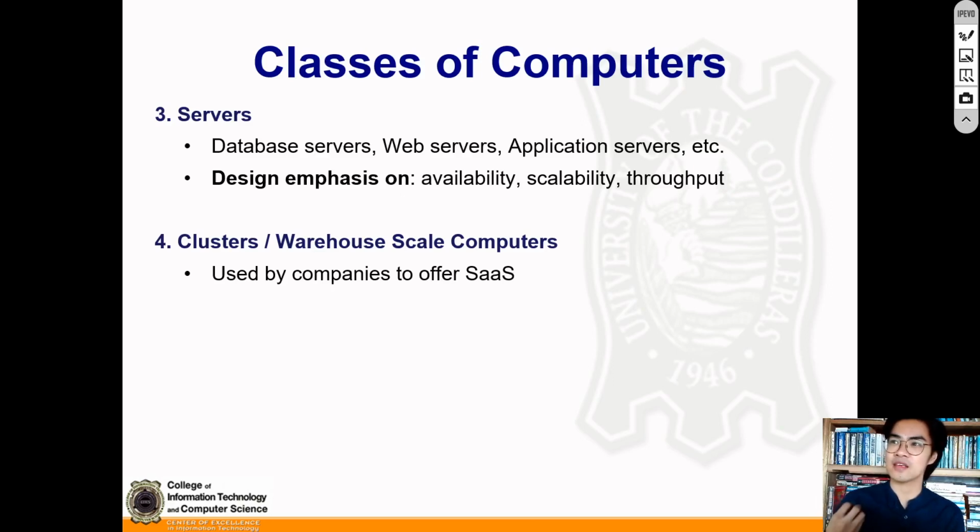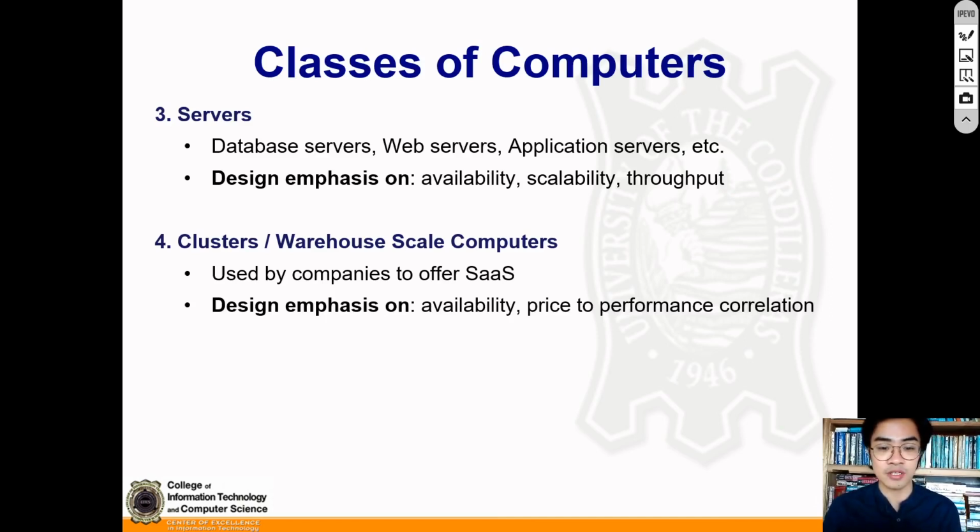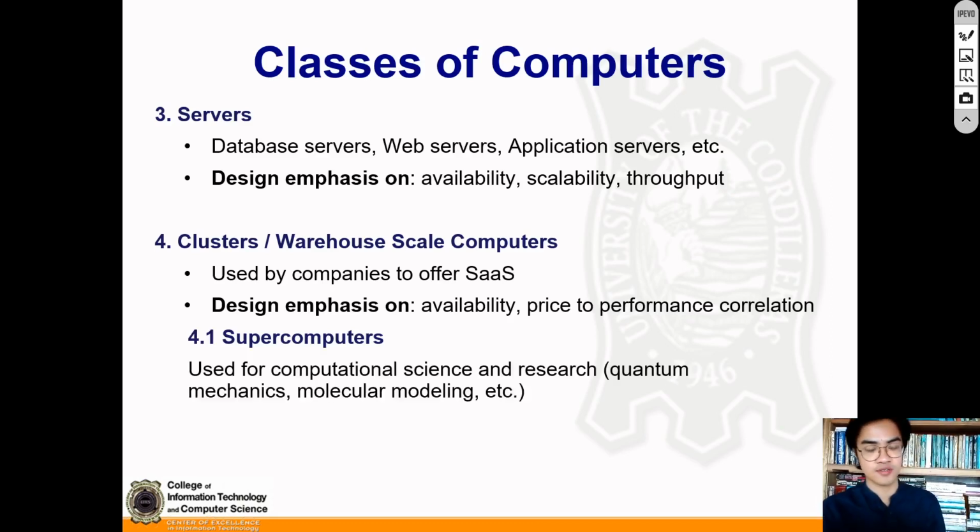Instead of buying the software, they just allow you to subscribe to the software. So these companies usually have clusters or warehouse scale computers. Of course, their design emphasis is also on availability, because they're offering it through the cloud, so it's stored in their servers. And of course, the price to performance correlation.